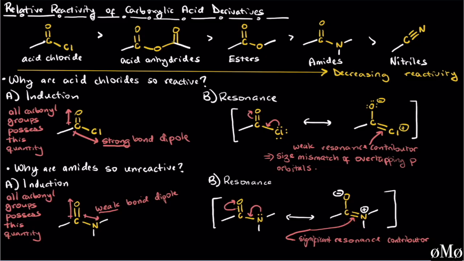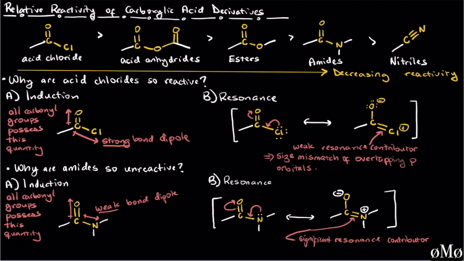Carbon and nitrogen are in the same period on the periodic table, and so the overlap of their p orbitals would be pretty nice because of a size match between both of them. And so this would be a significant resonance contributor to your amide, which would then also, once again, attenuate the electrophilicity at that carbon, making it less susceptible towards nucleophilic attack.